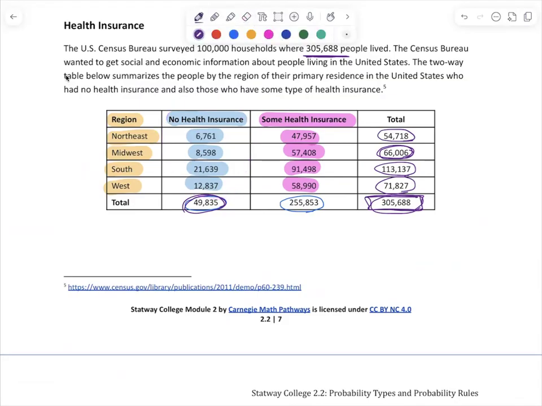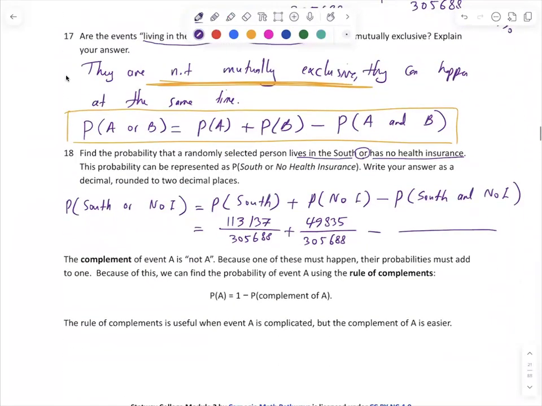So live in the south is just right here. Have no health insurance, this is the intersection, 21,639. Divide by the exact same denominator because we're finding out of the total.